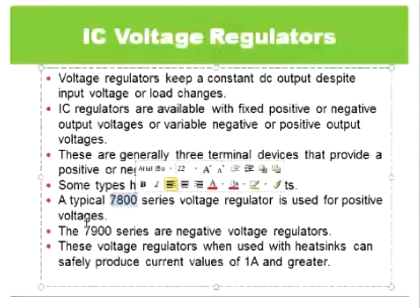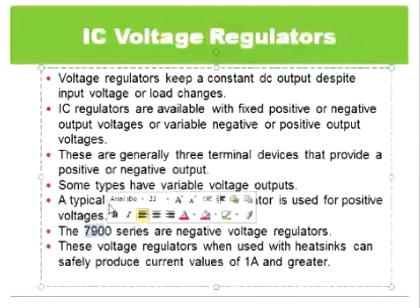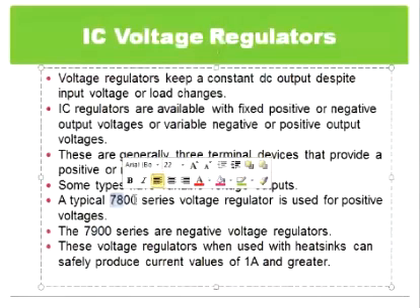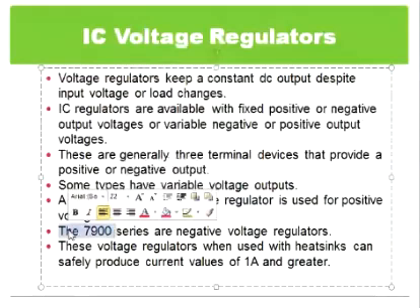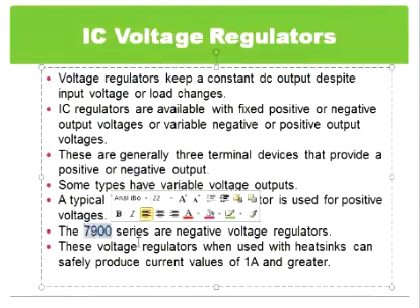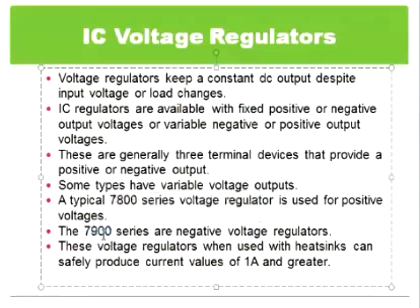The 78 series is for positive voltage regulators, and there is another series called the 79 series for negative voltage. If you want minus 5 volt, then we will be using 7905. If it is minus 8 volt, then it will be 7908. So the 78 series is for positive voltage regulators and the 79 series for negative voltage regulators.